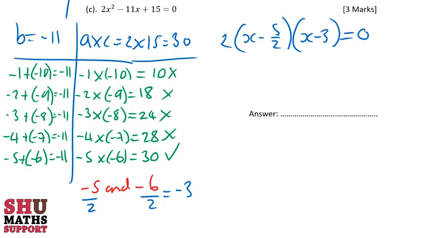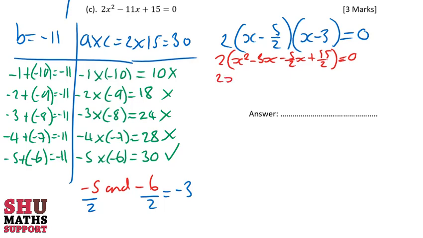Then if we're to expand those brackets to make sure we've done it right, we're going to have 2 times x, which is x squared, x times minus 3 is minus 3x, then we'll do minus 5 over 2 times x is minus 5 over 2x, and minus 5 over 2 times minus 3 is 15 over 2. And then we'll times everything by the 2 to expand the bracket.